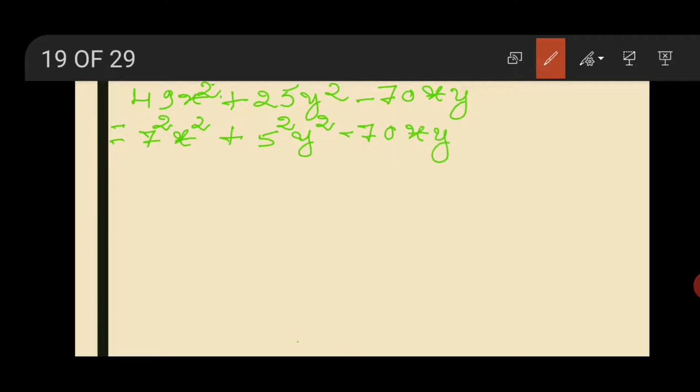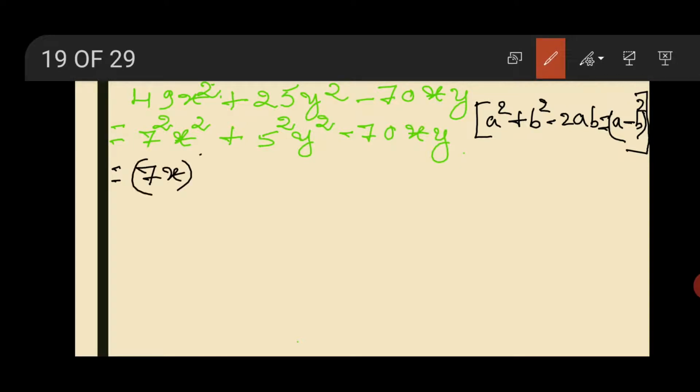So it resembles which identity? Can you tell me? It resembles a square plus b square minus 2ab is equal to (a minus b) whole square. So we can split this polynomial as (7x) whole square plus (5y) whole square minus 2ab.